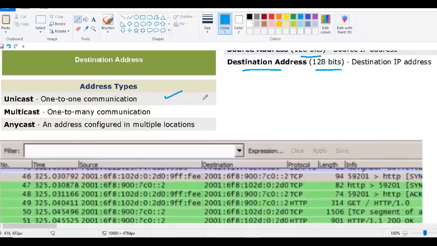What is unicast? Someone can try. What is a unicast address? The address of a particular device, isn't it?